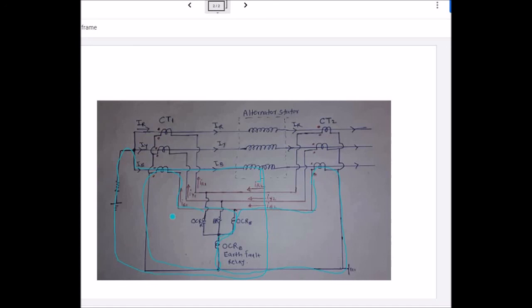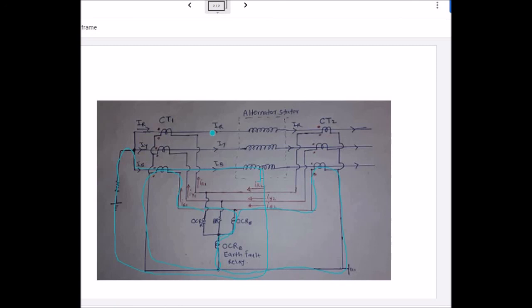As IB1 and IB2 magnitudes are different, there is a differential current through the earth fault relay, and the earth fault relay setting is less than the setting of the overcurrent relay of B phase. Therefore the earth fault relay will operate and close the tripping contact of the circuit breaker.